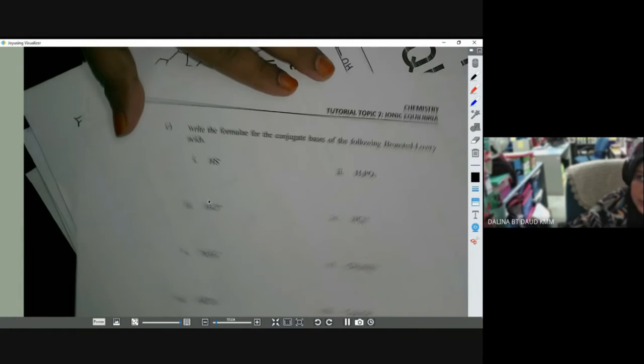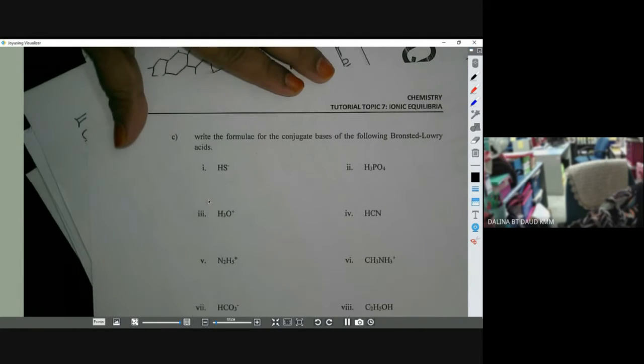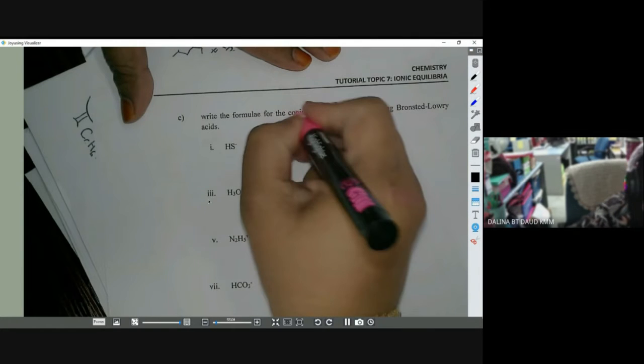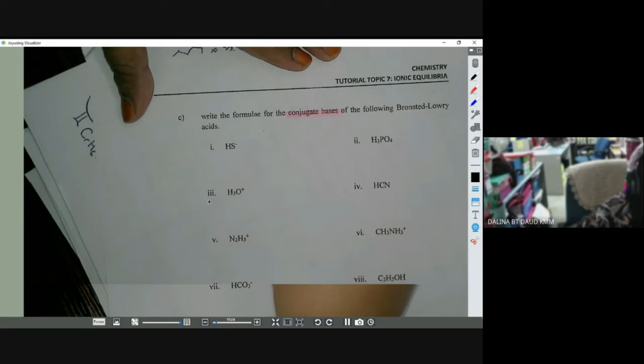Okay, kita dah settle A, B, C. Okay, now this is the another part. Write the formula for the conjugate base. Dia nak formula untuk conjugate base of the following Bronsted-Lowry. Okay, another word is Bronsted-Lowry.